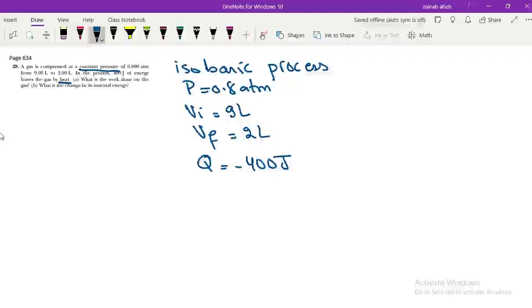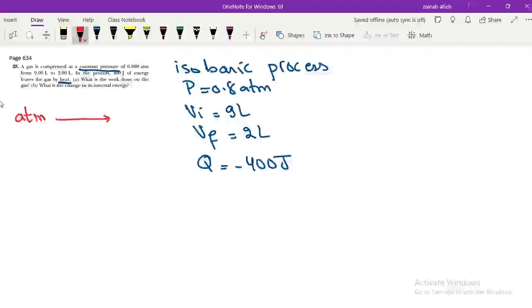What's important in this problem is that atmosphere and liter are not the SI units for pressure and volume respectively. Atmosphere is not the SI unit. The SI unit is Pascal. So how to change from atmosphere to Pascal? I've explained it in fluids.